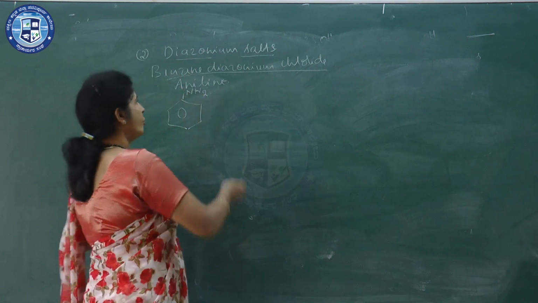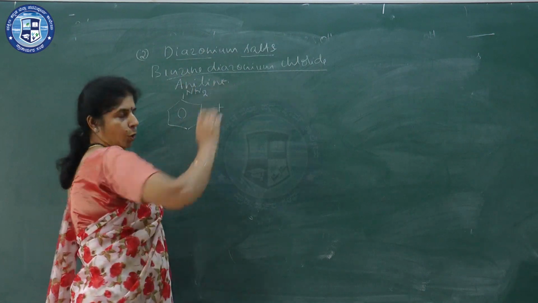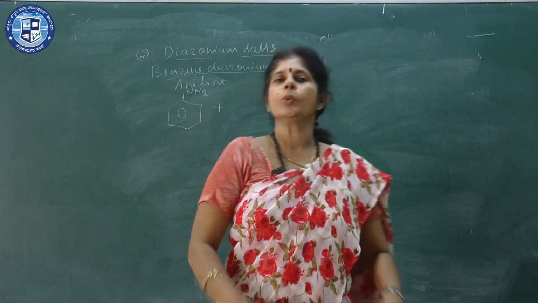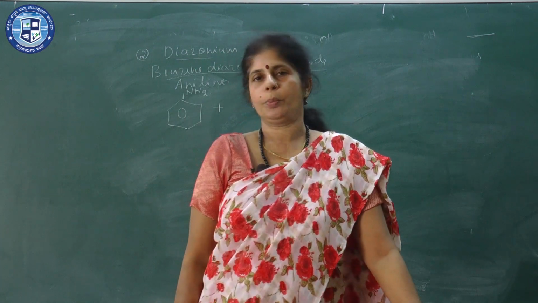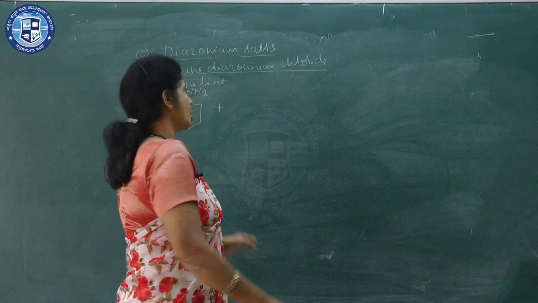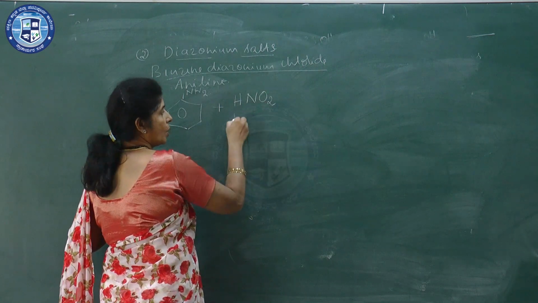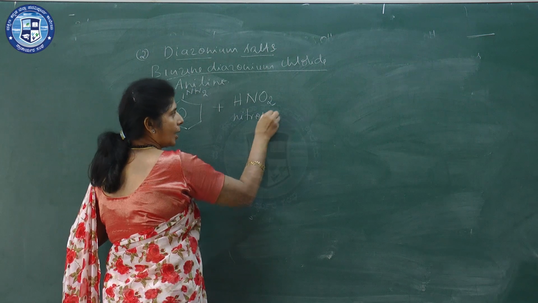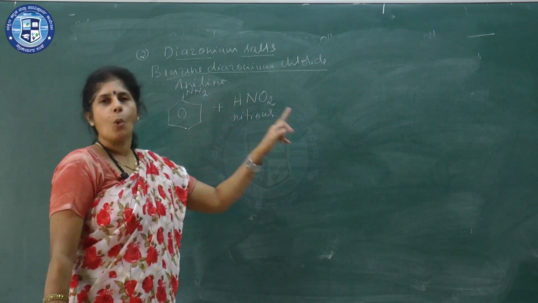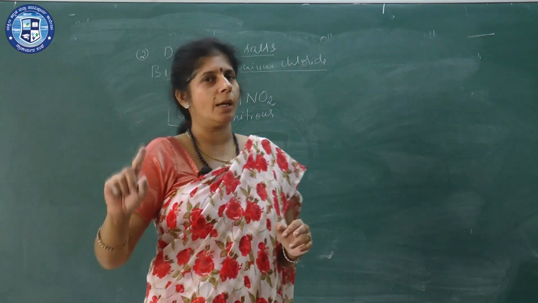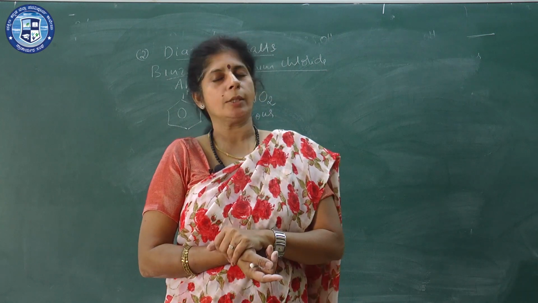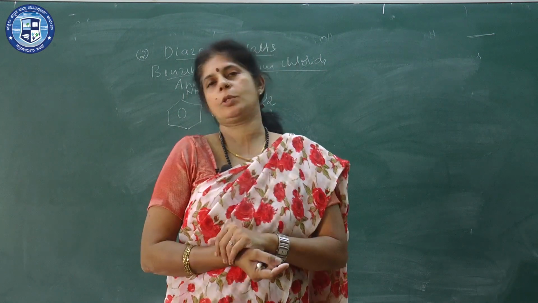This is subjected to diazotization to introduce the diazo group. And diazotization is done using nitrous acid. Remember, it is nitrous acid, HNO2, not the nitric HNO3. It is not nitric acid, it is HNO2, nitrous acid.